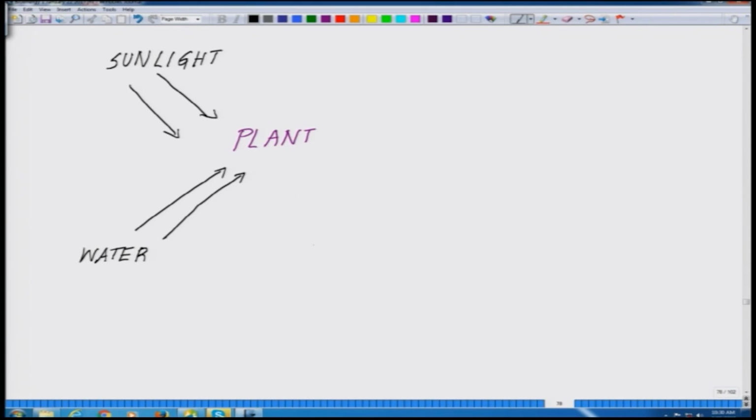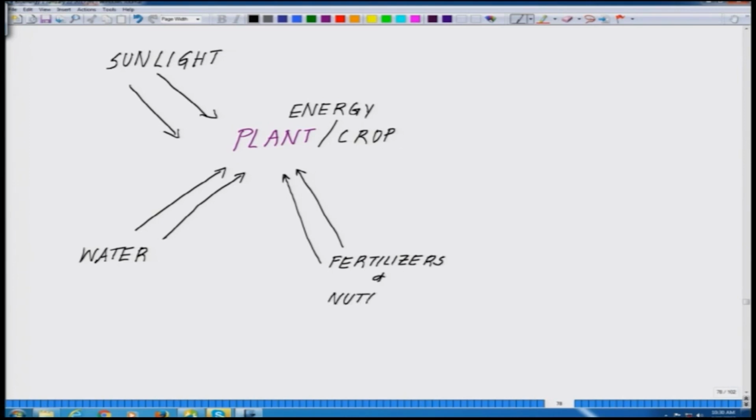Then, in terms of growing the plant, I am just putting energy plant or energy crops, you need fertilizers and nutrients. Even with sunlight, there may be a situation where you have to grow it indoors.